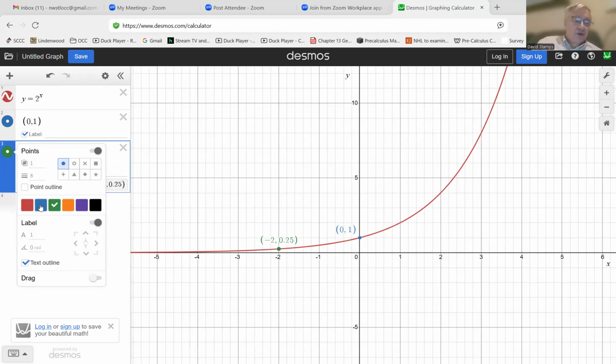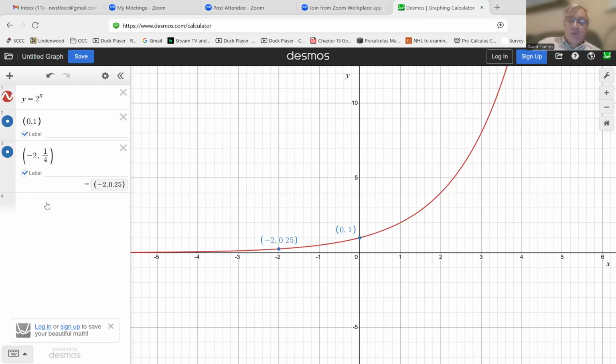And we'll make it blue also like the other one. Okay, and maybe one more. Let's use x equals 3, positive 3. Put that in for x. We'll get 2 to the 3 power, and 2 to the 3 power is 8. Y would be equal to 8, and there's that point. We'll label that one as well. So there is 2 raised to the x power.